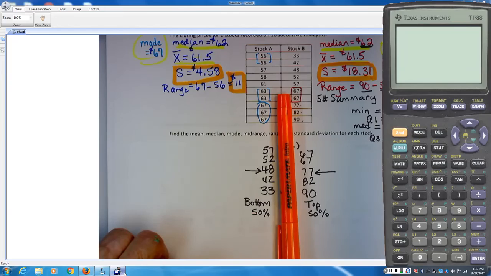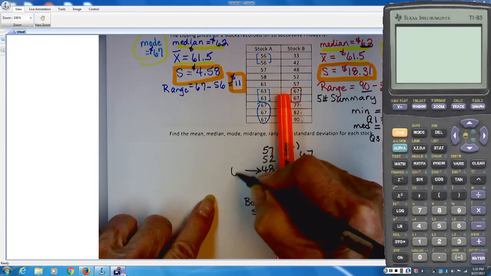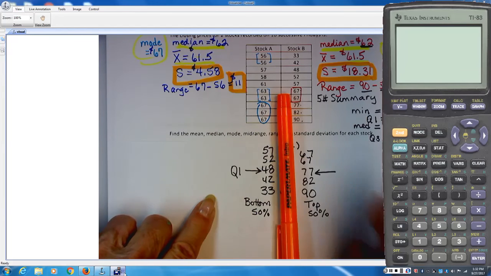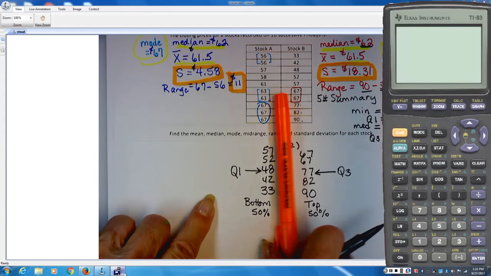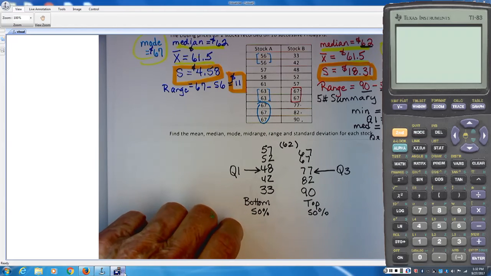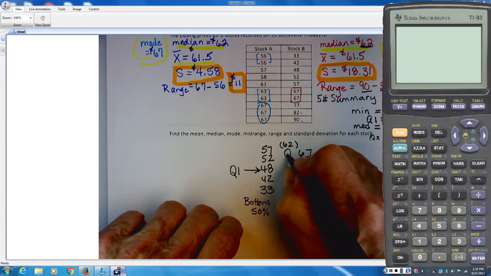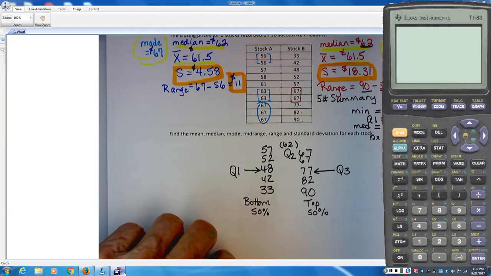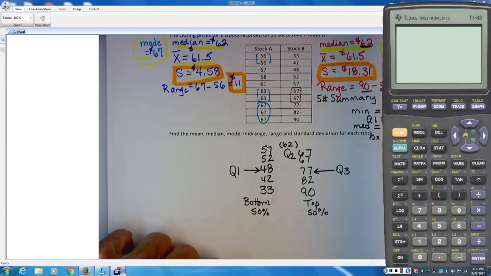Okay? This is called the first quartile. This is called the third quartile. There is another word for the median. It's called the second quartile, the 50th percentile. It's the halfway mark. Okay? So median and Q2 are the same thing.